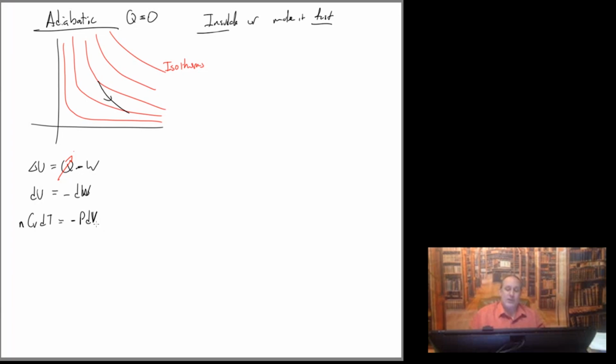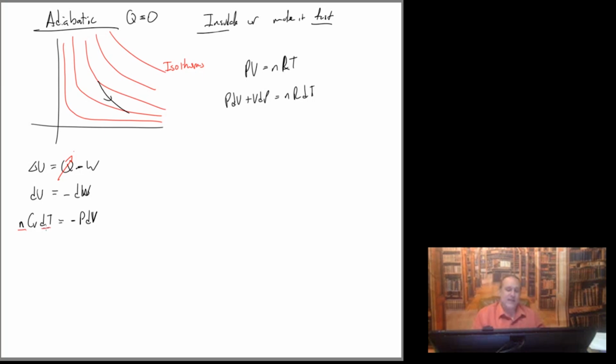So to do that, we use the ideal gas law, PV equals nRT. That's our secret weapon. We differentiate both sides using the product rule on the left. Again, that's P dV plus V dP equals nR dT. And I can eliminate the n dT that's in my first law of thermodynamics.